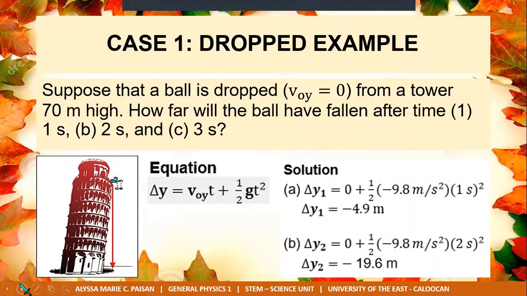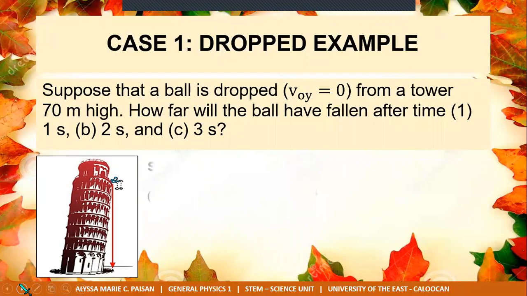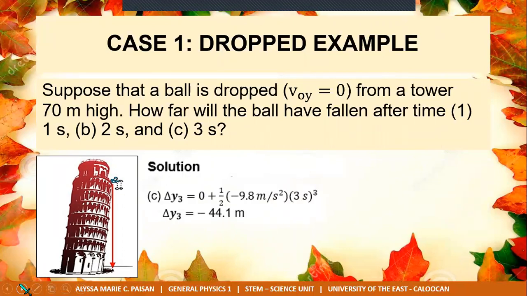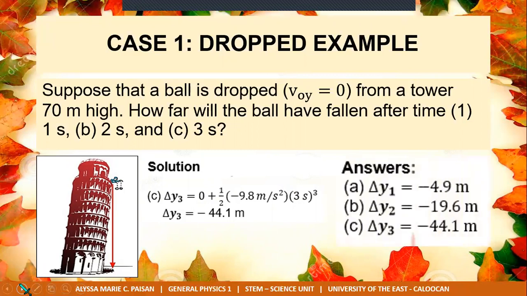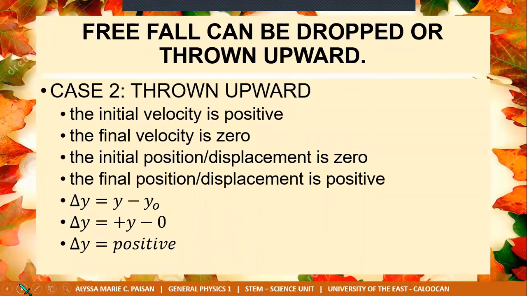Then you substitute again to get delta y sub 2. And again, the answer is negative because it is going down. And then the last solution, to get delta y sub 3, that's negative 44.1 meters. Okay? And the answers would be negative 4.9 meters, negative 19.6 meters, and then negative 44.1 meters. Isn't it that easy? It's very easy. Okay, so that's for case number 1, which is dropped.